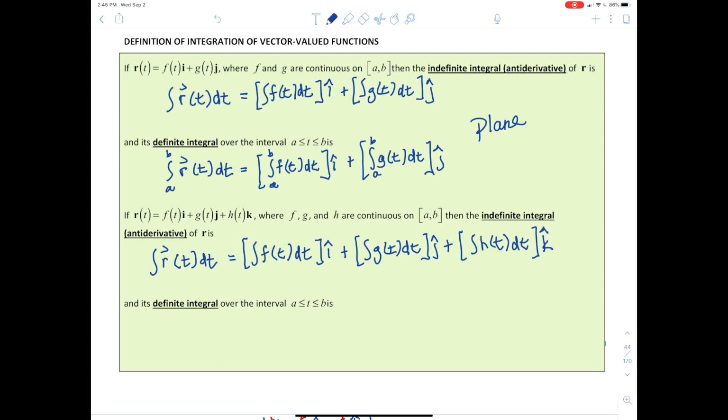And, of course, our definite integral from a to b in space would be this.